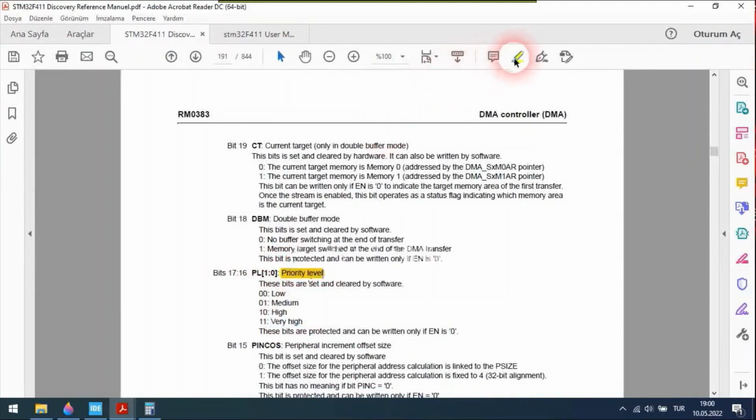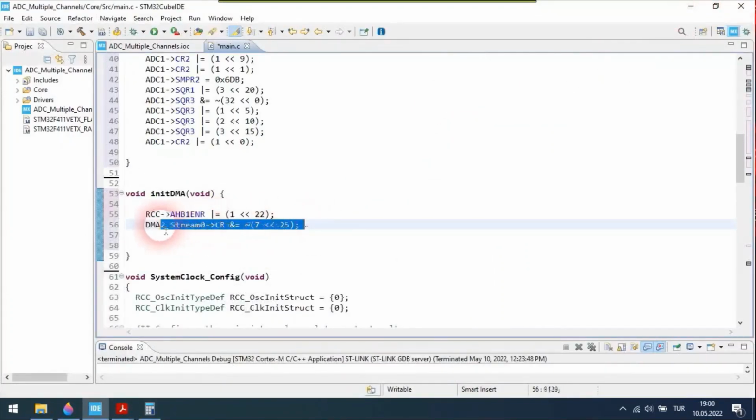Priority level. There will be only one DMA request. That's why it is not that important. But let's set it as very high.